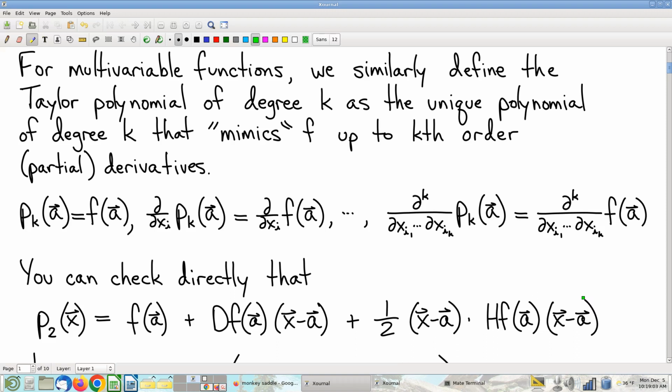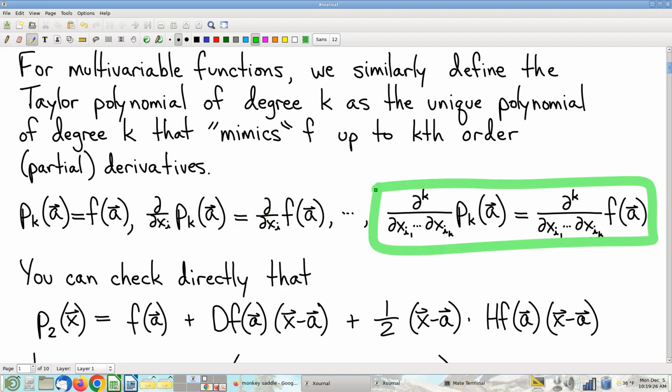We want a polynomial that mimics f, that has the same value, the same, I'm going to say derivative here, but of course there's a bunch of partial derivatives, right? So same partial derivatives, the same second partials, third partials, etc., and all of the same kth partials, of course, most of which are mixed.